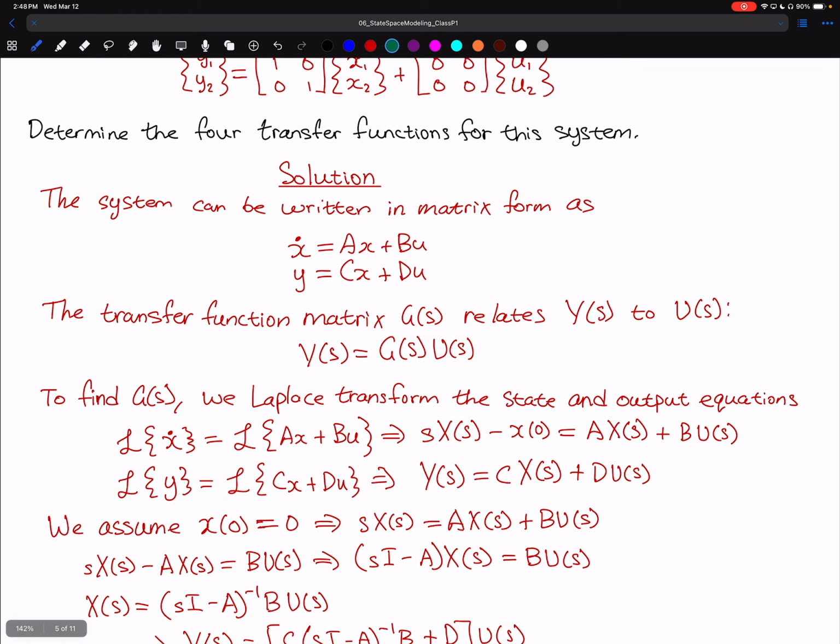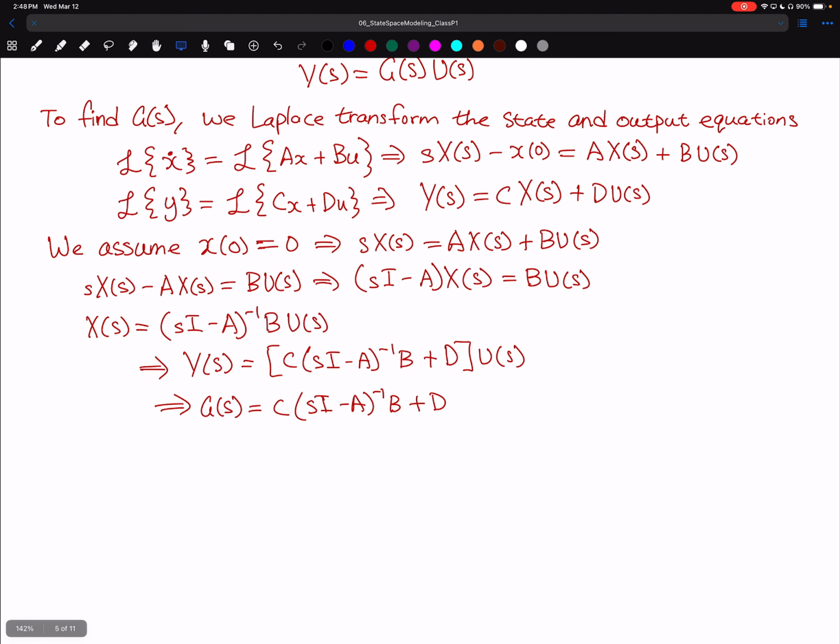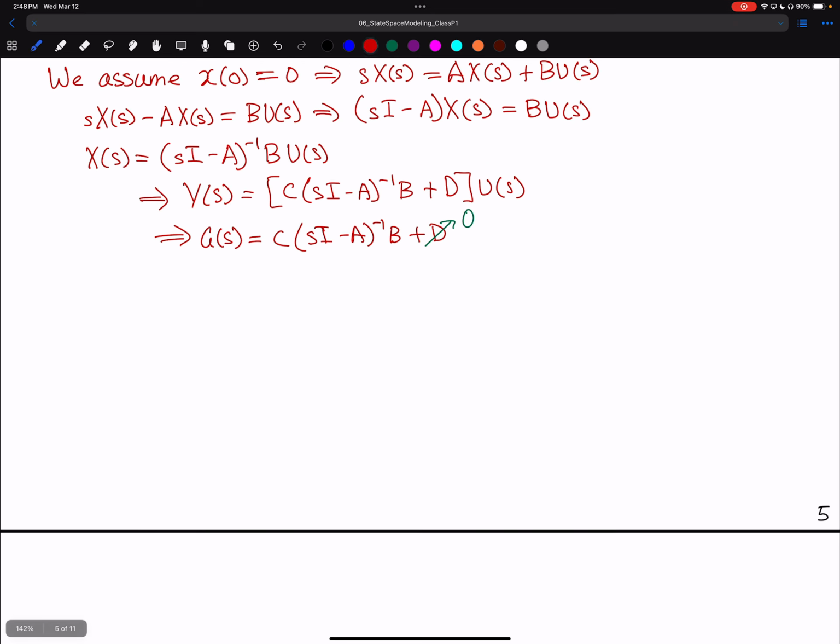For this system, our direct transmission matrix is just zeros, so we can just eliminate D here, such that G of s is simply what's shown up there.